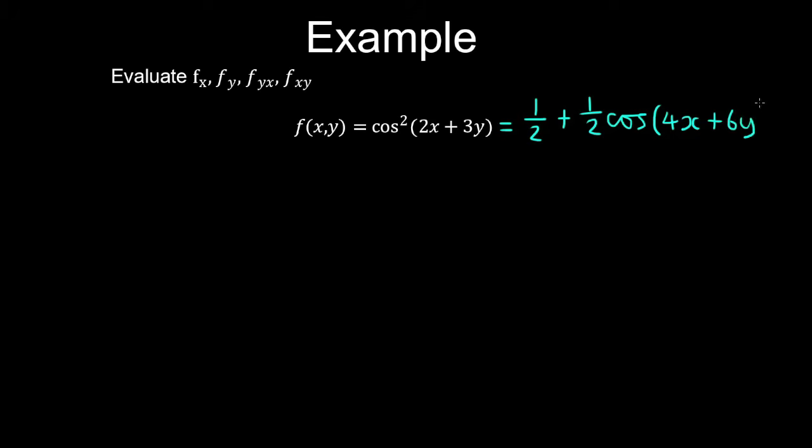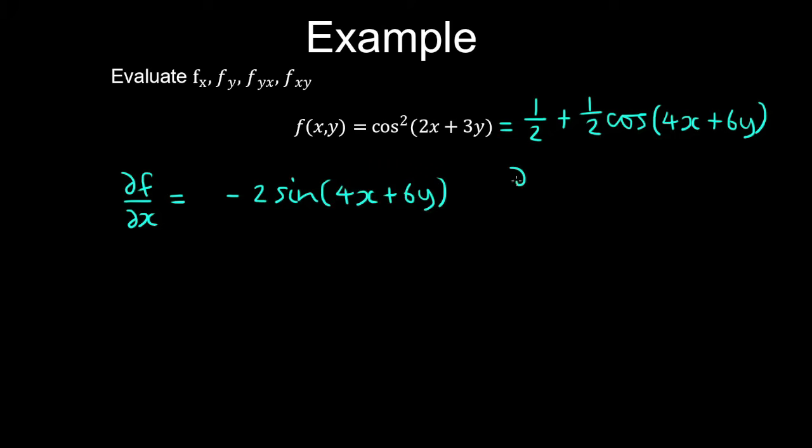And therefore f subscript x is the partial derivative of f with respect to x. So we're holding y constant, and the first term drops out. So we get minus 4 on 2 sine 4x plus 6y.